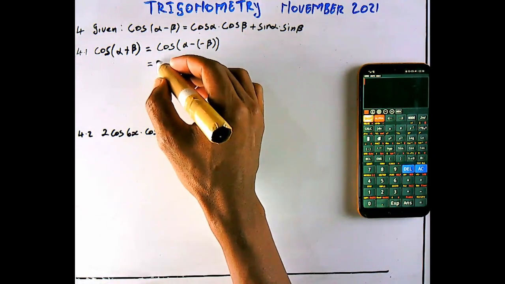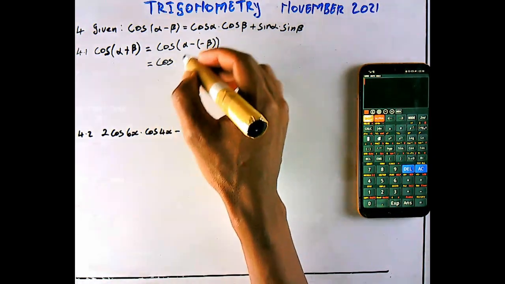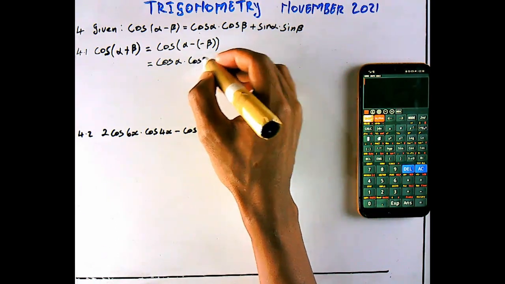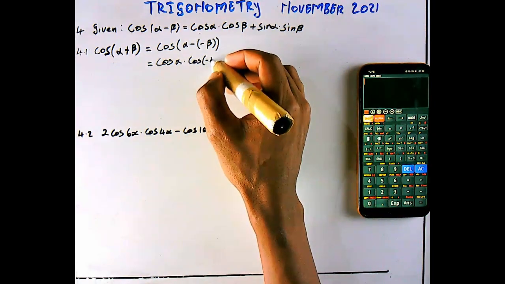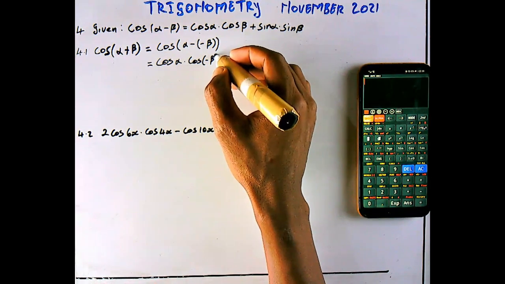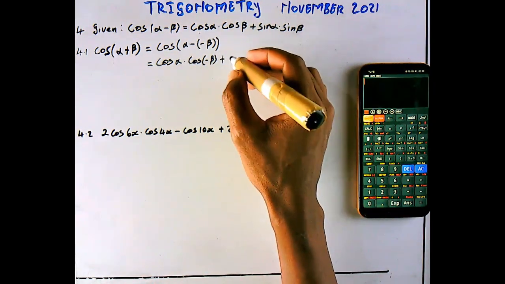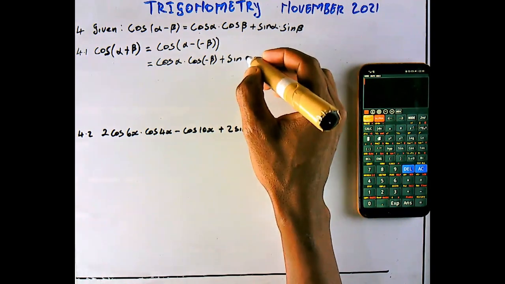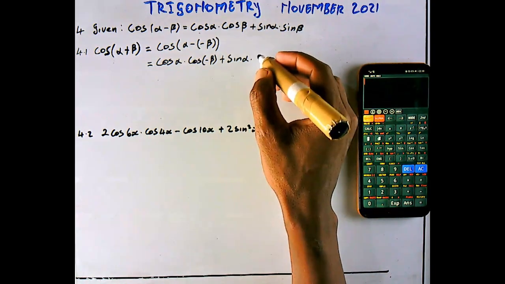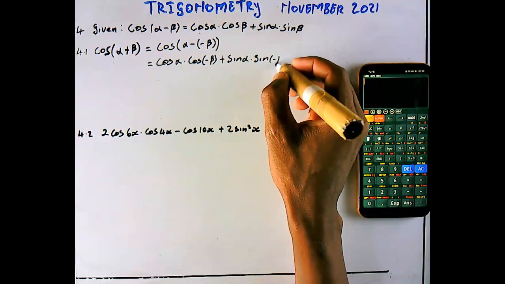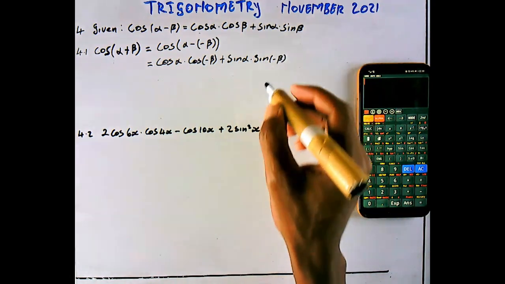We are going to have cos alpha multiplied by cos minus beta, because our beta is negative, and then plus sine alpha multiplied by sine negative beta.